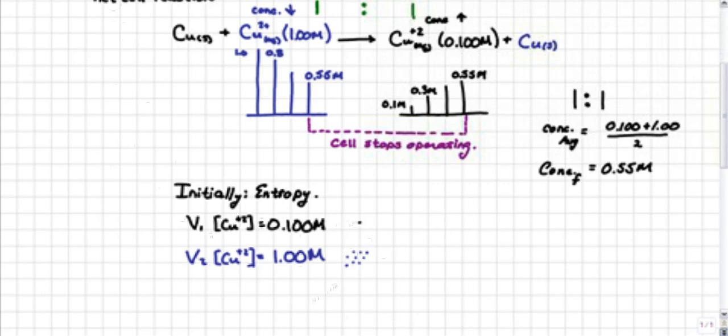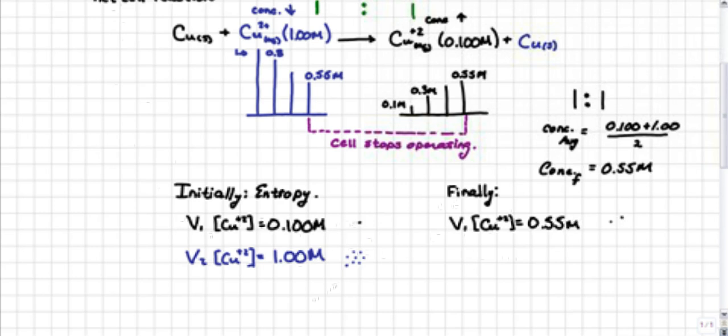And what we need to do is consider how this compares to the final situation. So we'll call this finally. Now, finally, V1, which initially contained a low concentration of copper ions, its concentration now is quite a bit higher, 0.55 molar.